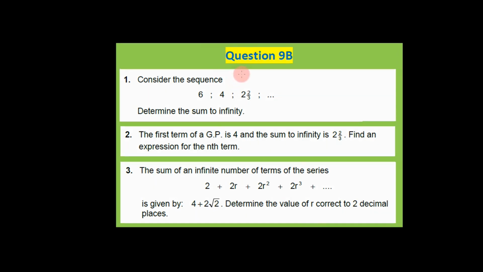Let's look at your answers to this question. In the first one, we have this geometric sequence, and we must find the sum to infinity. So we have 6, 4, 2 and 2/3, etc. We're first going to check whether this is a convergent geometric series when we sum the terms.